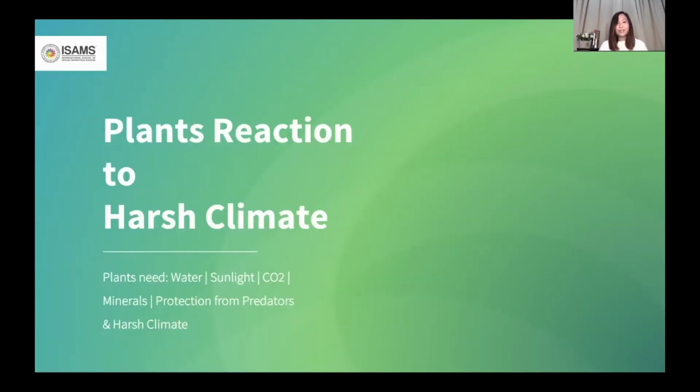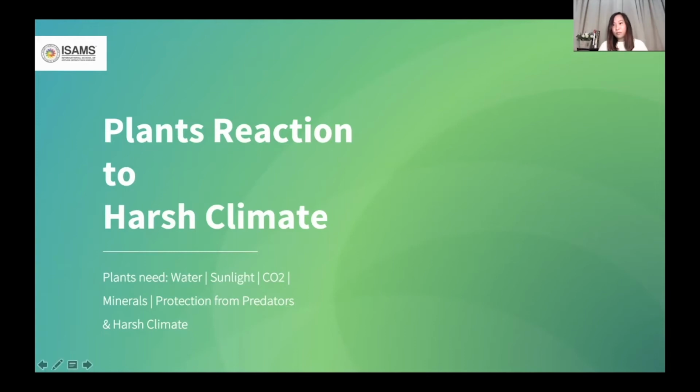For the next section, we will study a little more about how plants react under harsh climate, when they are subject to harsh conditions. We all know that plants need water, sunlight, carbon dioxide, minerals, as well as protection from predators.